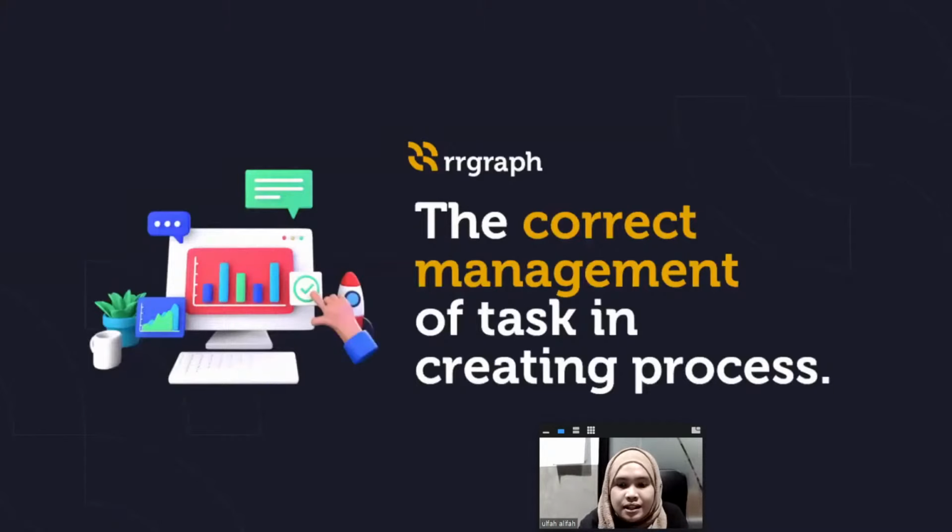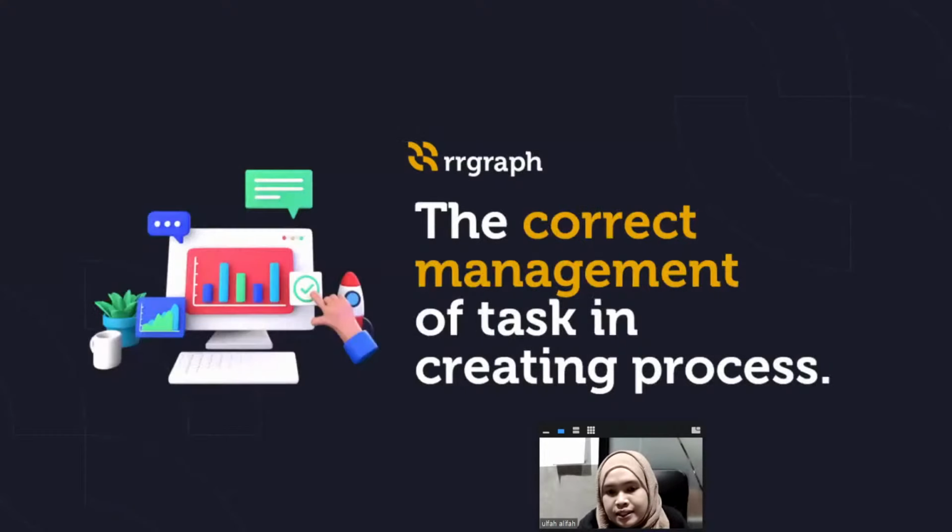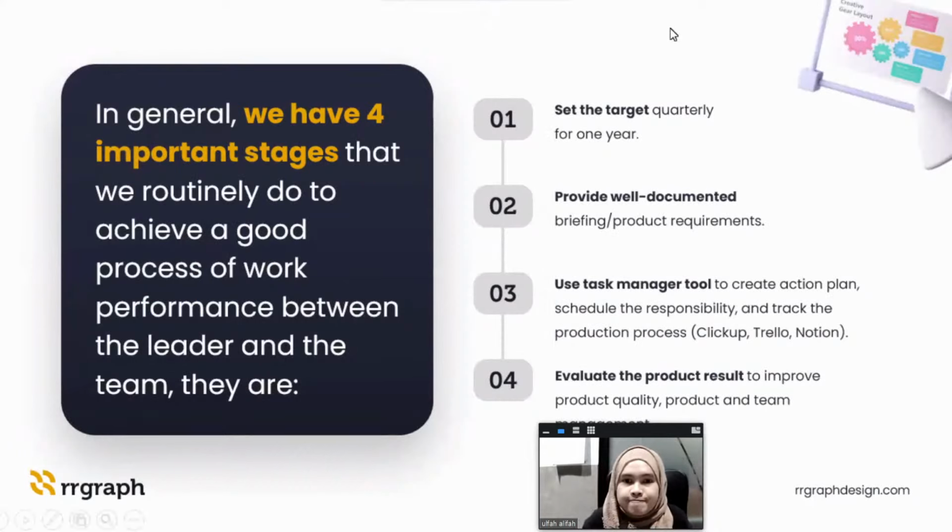Okay, the second, the correct management of tasks in the creating process. So in the previous slide, it's more about the roles themselves, right? And the second is about the tasks, about our working workflow in implementing our strategy in the product itself.